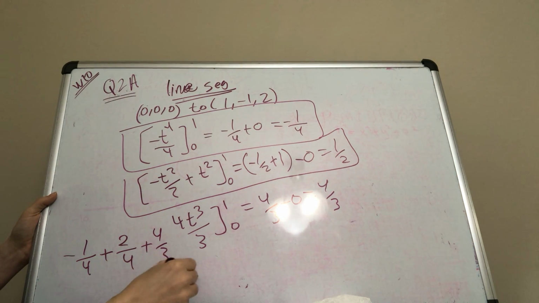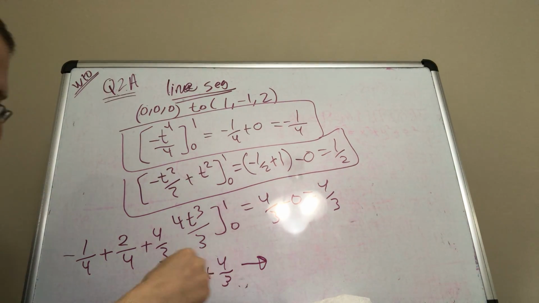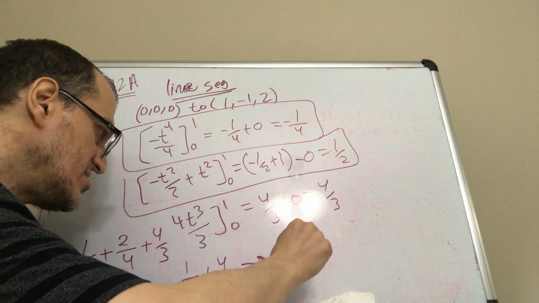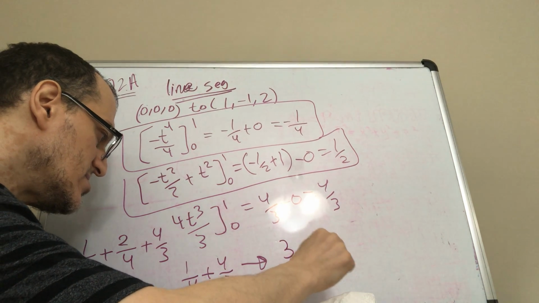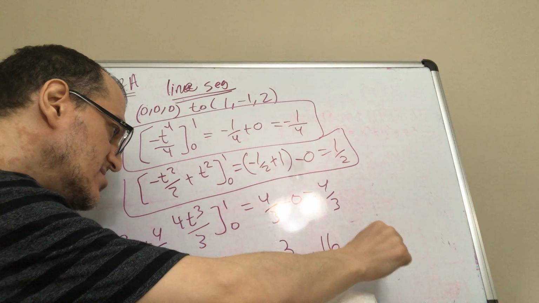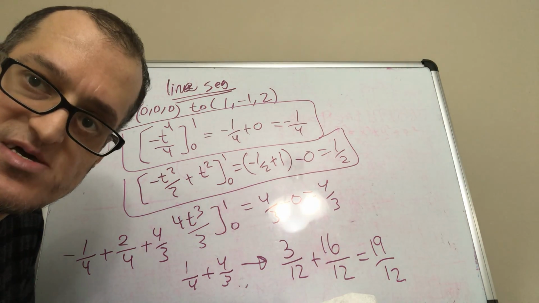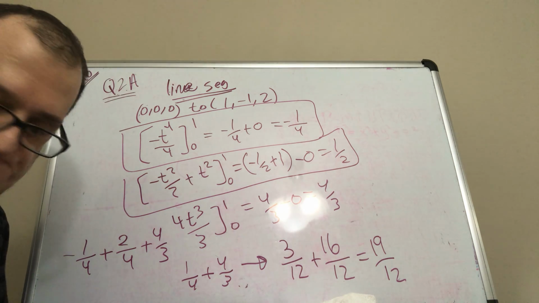That will give you 1 over 4 plus 4 over 3, which is 3 over 12 plus 16 over 12, 19 over 12. So the final answer is 19 over 12.